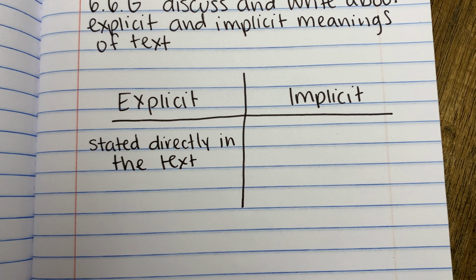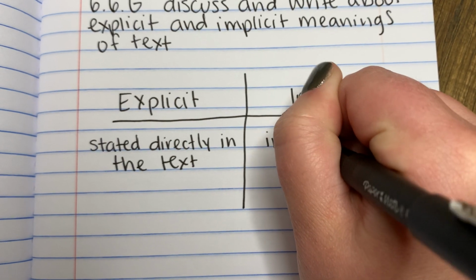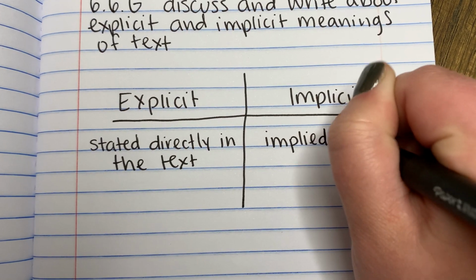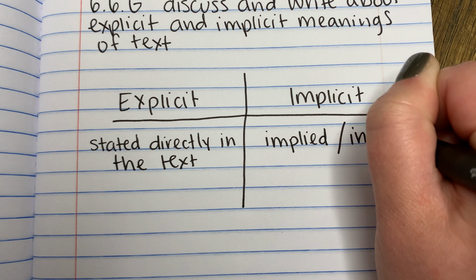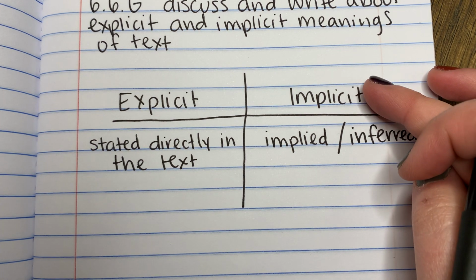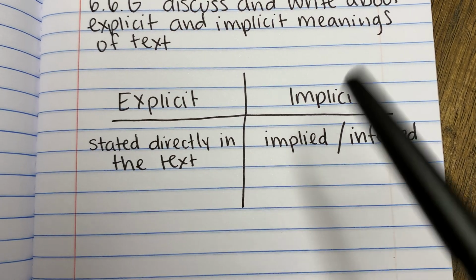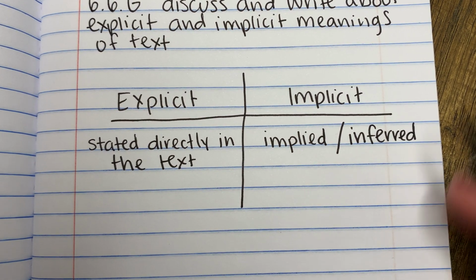Okay. Implicit is when something is implied or inferred. When things are implicit, we can imply and infer them based off of things that are explicit and things we already know. Okay, remember the inferencing.